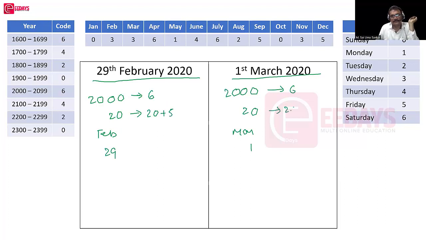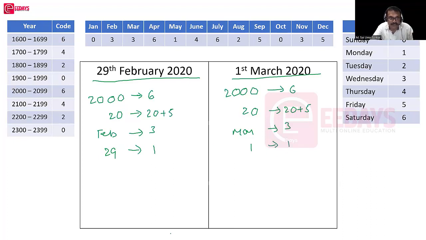Here 20 plus 5 leap years. What is the code for February? That is equal to 3. What is the code for March? That is equal to 3. Now 29. This number is more than 7, so you divide this number by 7. Remainder is equal to 1. Here this is equal to 1.